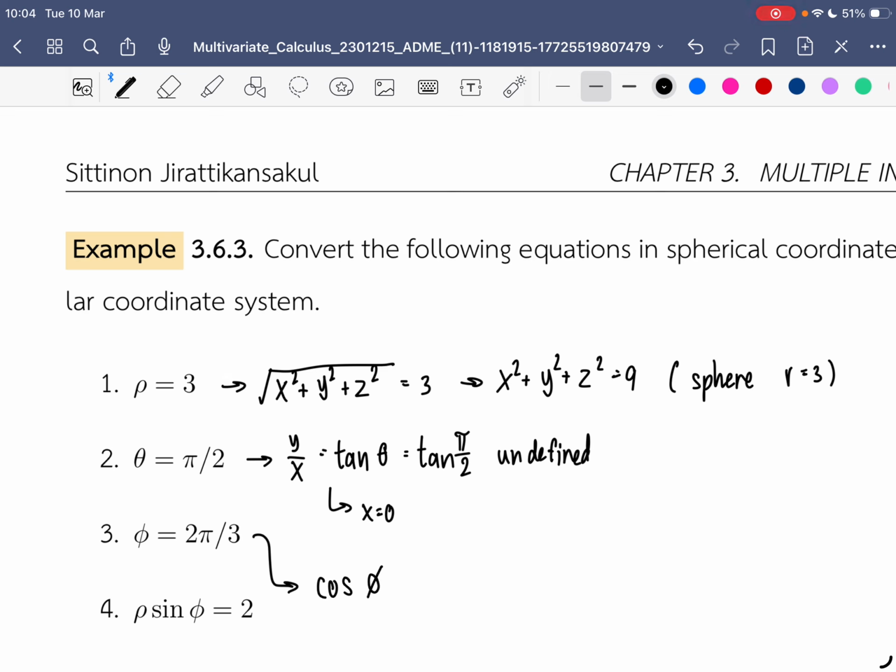So what I will do next is multiply the equation by rho to change the left-hand side. Set rho cos phi is minus 1 over 2 rho, so z is minus 1 over 2 square root of x squared plus y squared plus z squared. If you want to know what it looks like, take the square, with the remark that z must be negative because it's minus 1 over 2 square root.